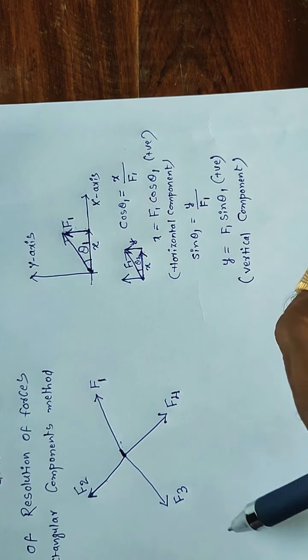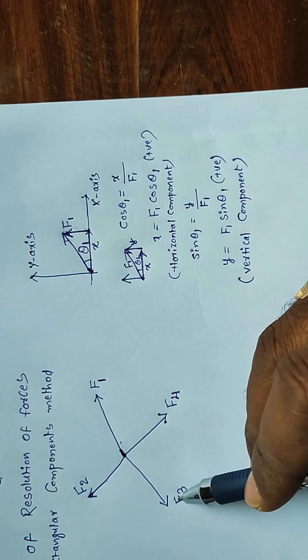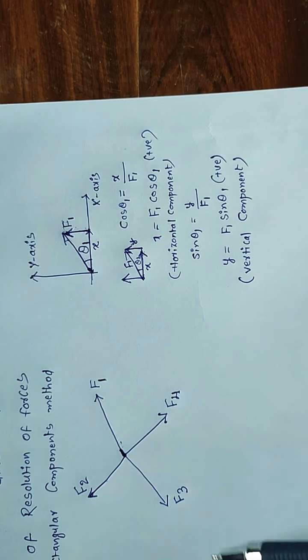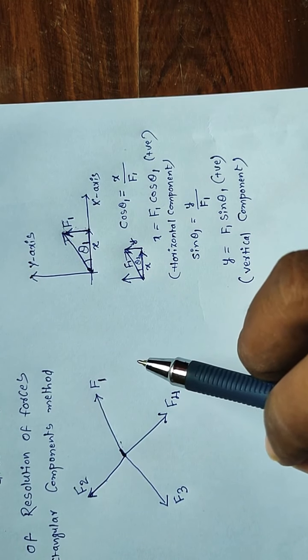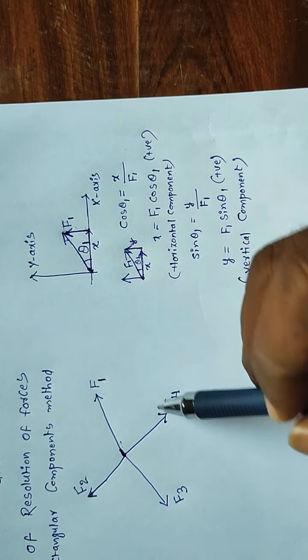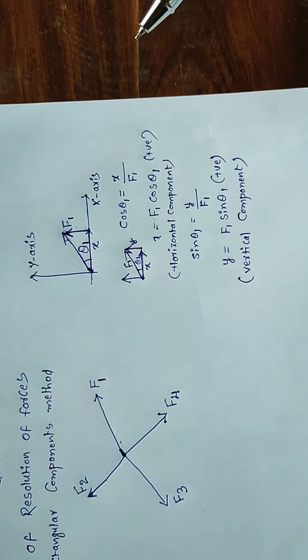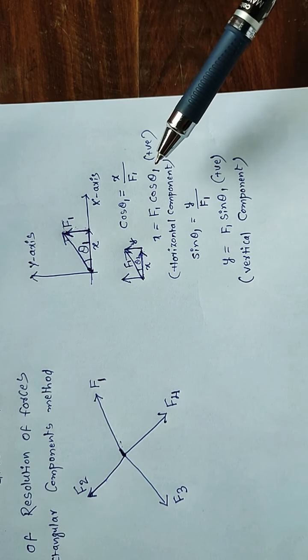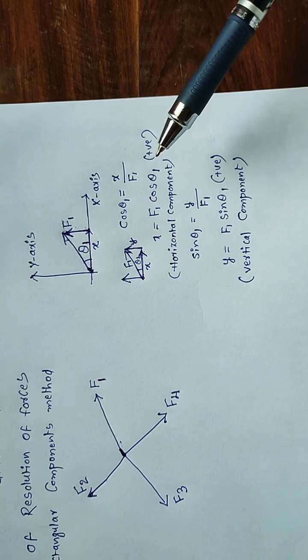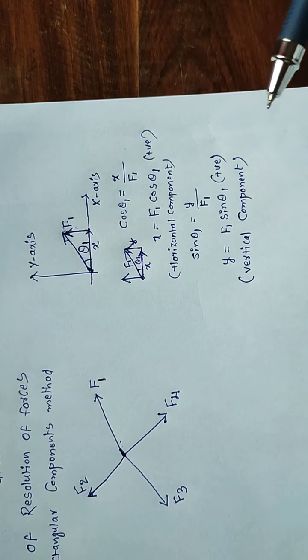Similarly, force F3 we can resolve into two components, horizontal and vertical. Similarly, F4 also you can resolve into two components. So for each force you are getting horizontal and vertical components, and using those components we are going to find out the resultant value.